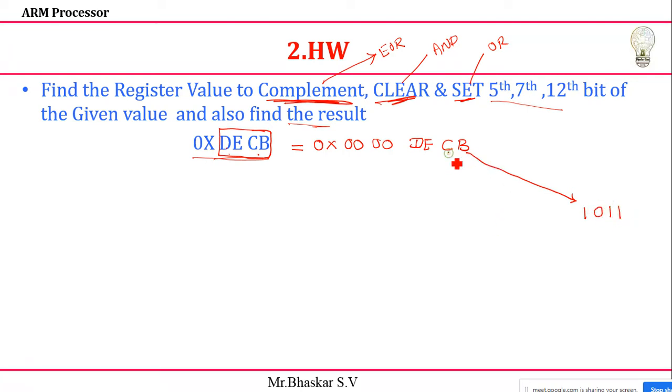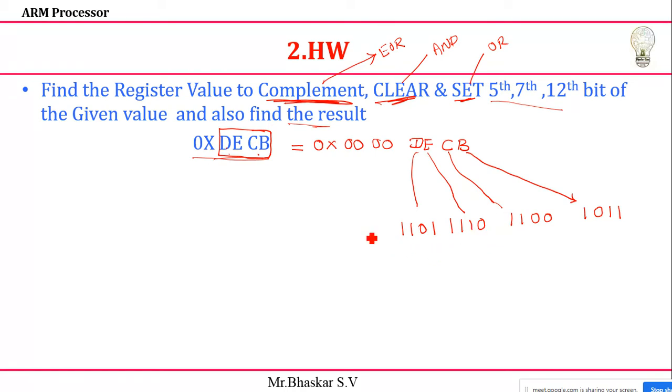Next, C value: 1 1 0 0. Next, E value: 1 1 1 0. D value: 1 1 0 1.